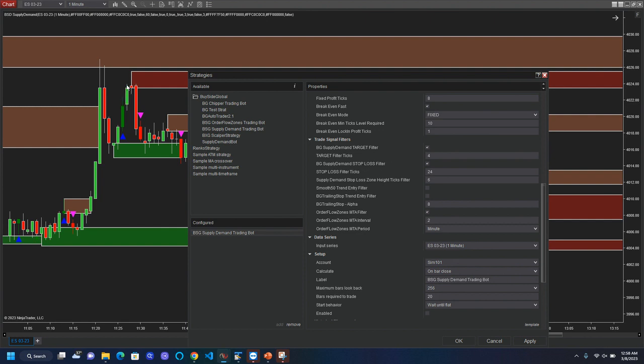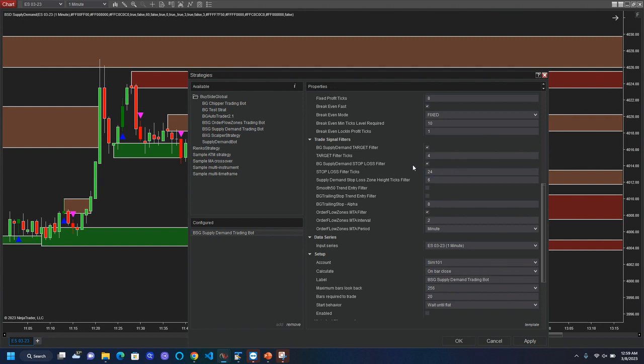In this example, we have only 4 ticks of potential target, and almost 30 or 40 ticks on the stop loss side. This is what you are trying to filter out.